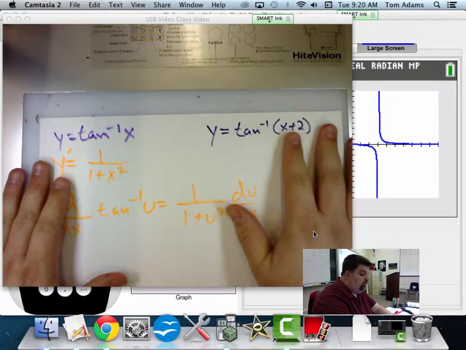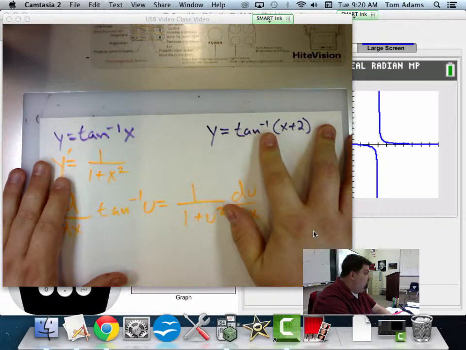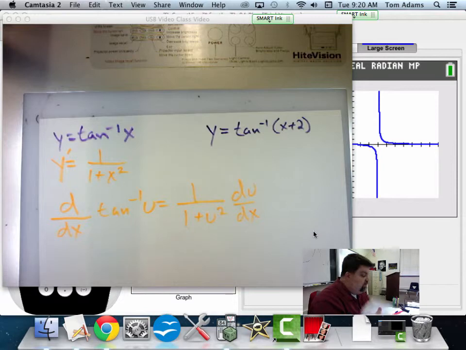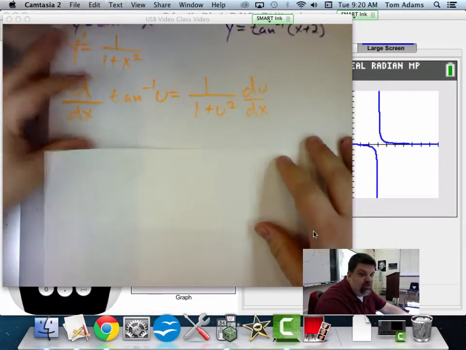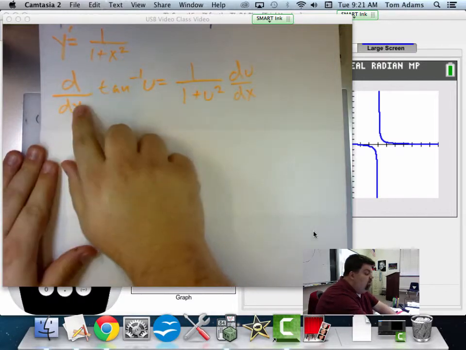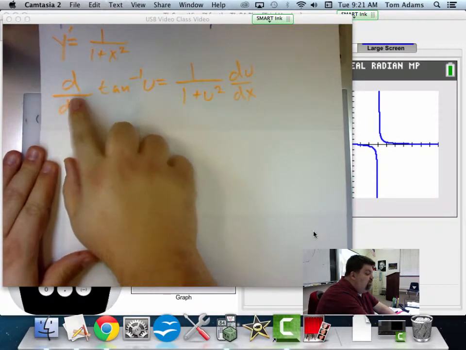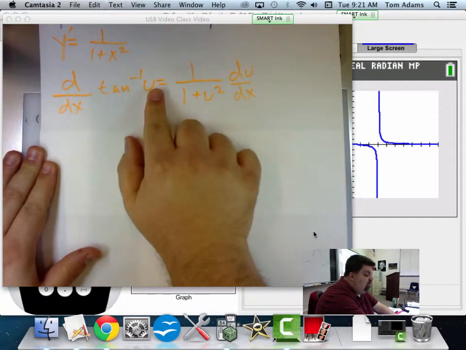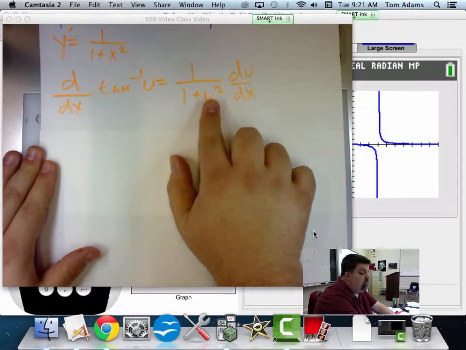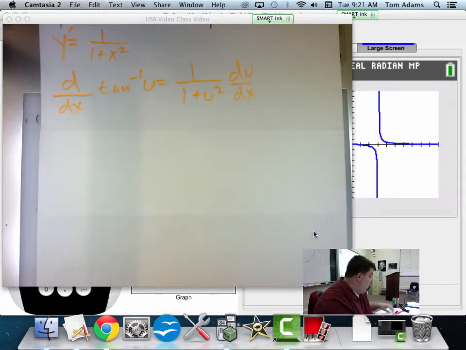So how would I go about doing that? Same thing you started to? Yeah, so let's build on that. Technically, to be a little more formal, the derivative of the arctangent of something is equal to 1 over 1 plus the something squared times the derivative of the something.